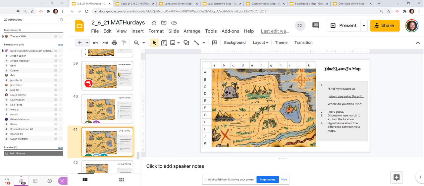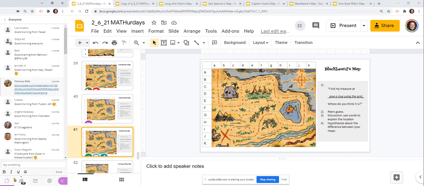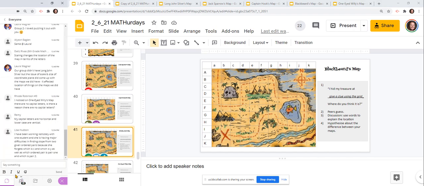So this makes me think of giving students clues to use, to describe the physical features of their map to see if they're the same. I feel like we focused a lot on trying to find the treasure itself and didn't see whether or not the maps were the same.